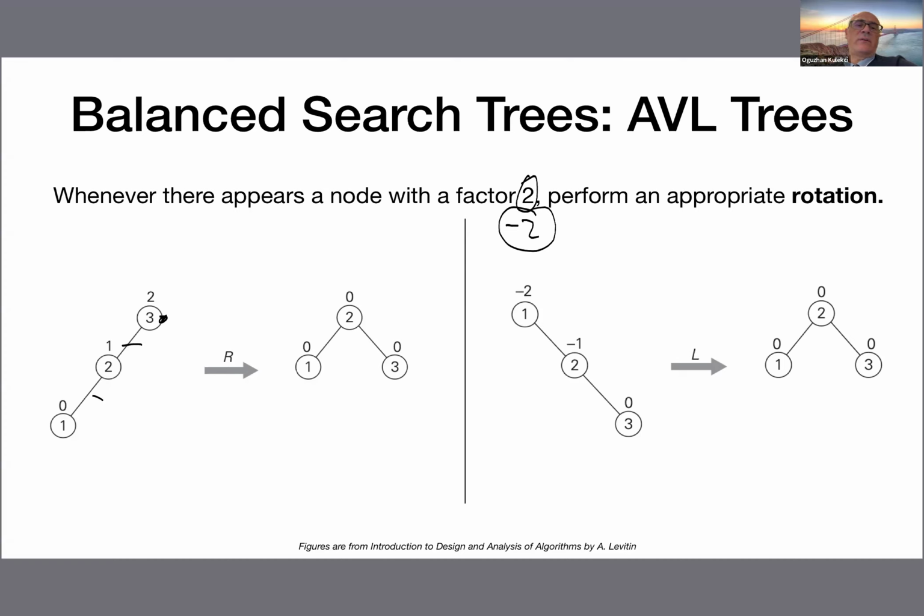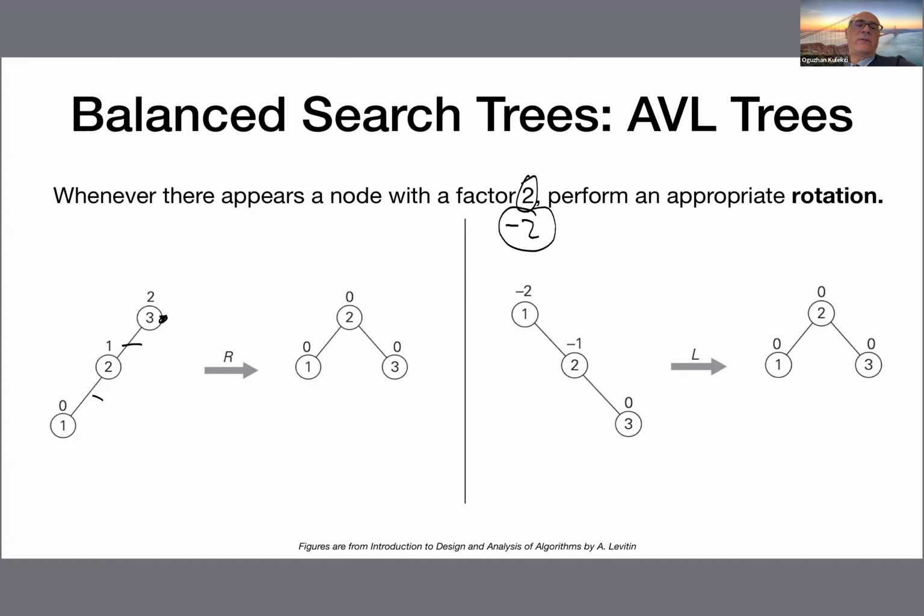With this right rotation, I would like to make the tree balanced, but at the same time I would like to also keep the binary search property. It is called a right rotation because you assume that you are just rotating this to the right, and you come to this representation.